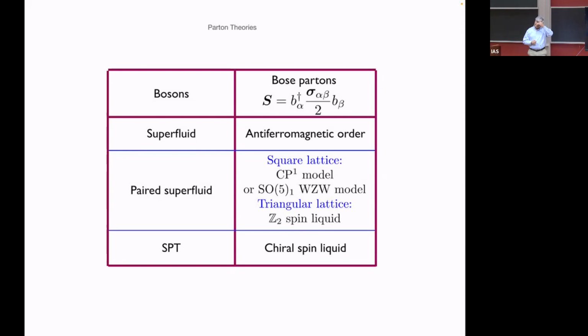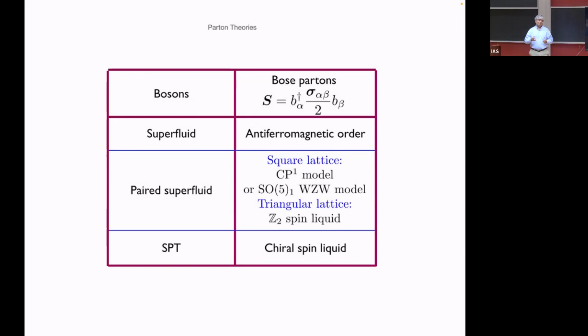So what I'm going to begin this lecture with is just a bird's eye view of various topological and exotic phases of matter that have been studied in condensed matter. And I'm going to give a view using the Parton approach. This is an approach we have already used quite extensively in the theory of the Z2 spin liquid.